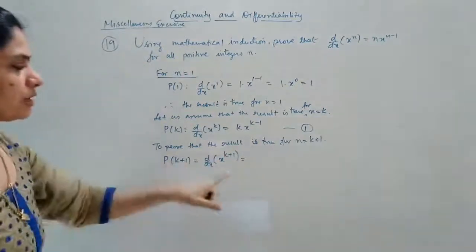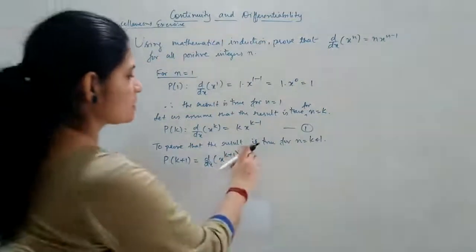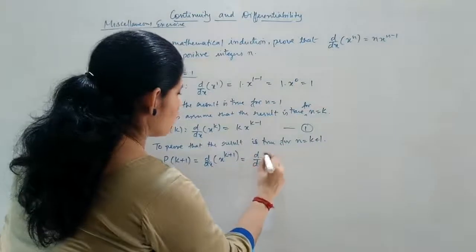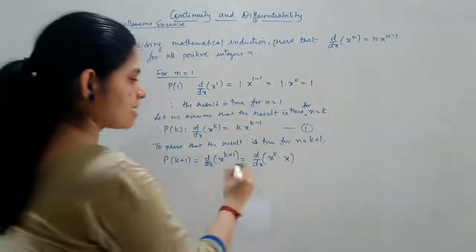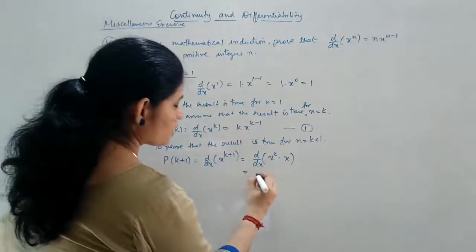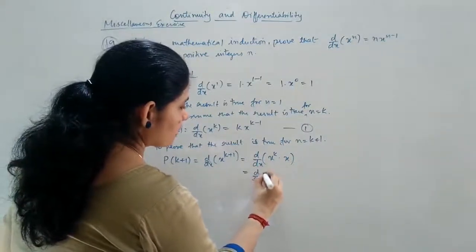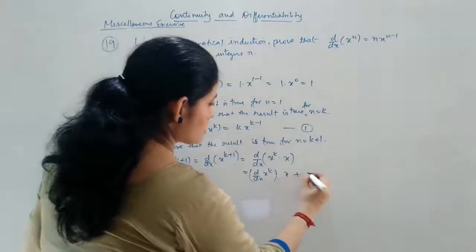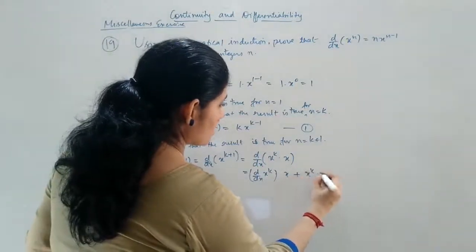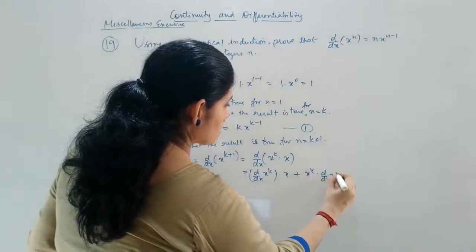Now here we are splitting the power of x and making it a product of two terms, which is x raised to k and x, and applying the product rule. So you will get d by dx of x raised to k into x plus x raised to k into d by dx of x.